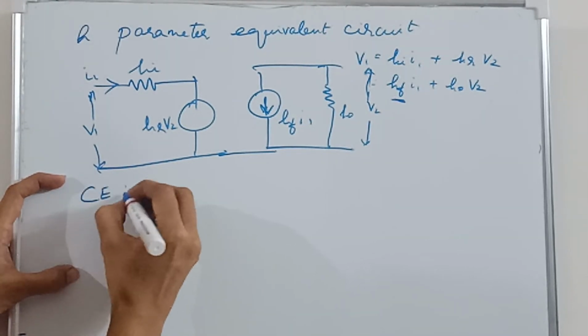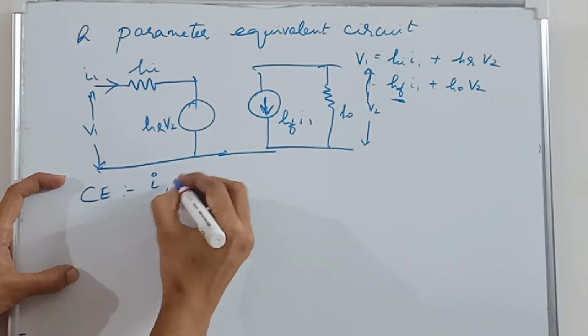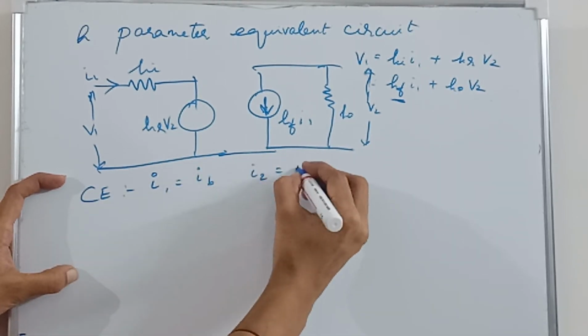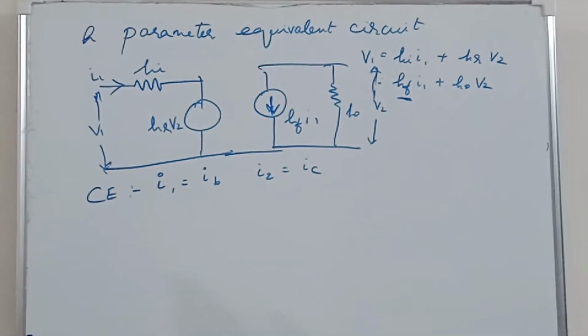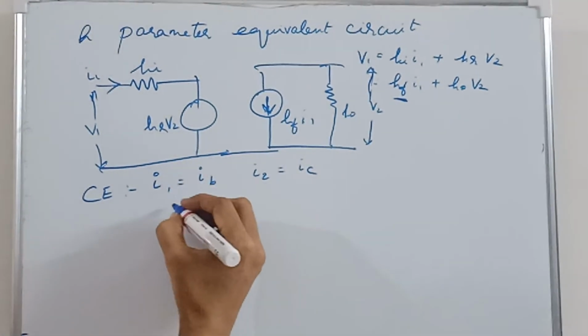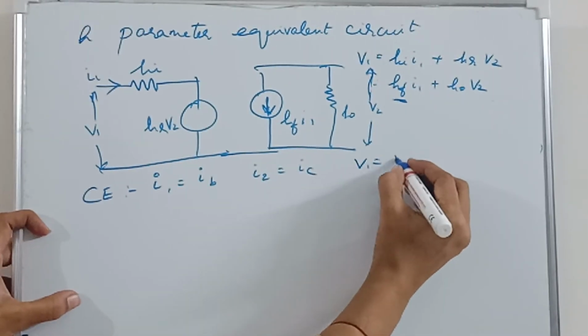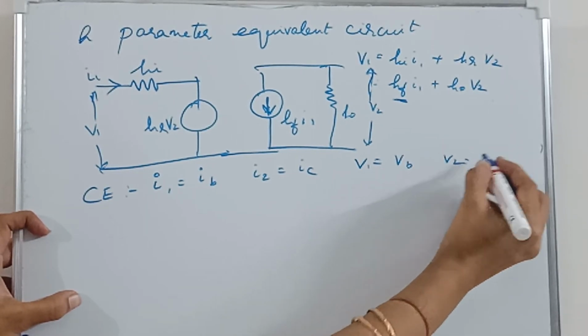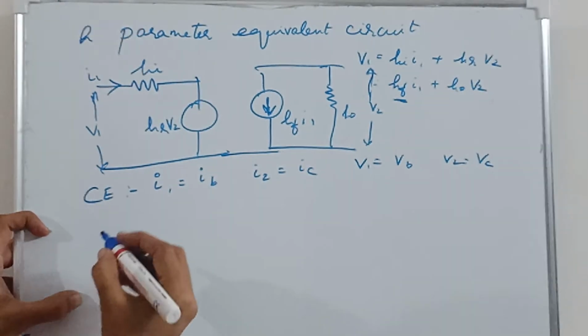If you consider a common emitter configuration, I1 will be base current and I2 will be the collector current, because common emitter is grounded. Similarly V1 will be VBE, denoted as VB, and V2 will be VCE, denoted as VC.